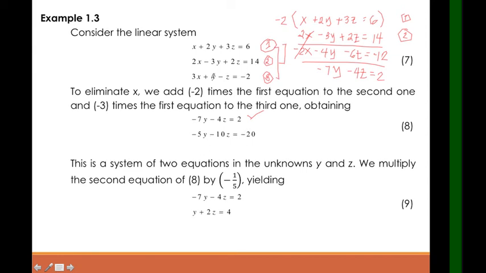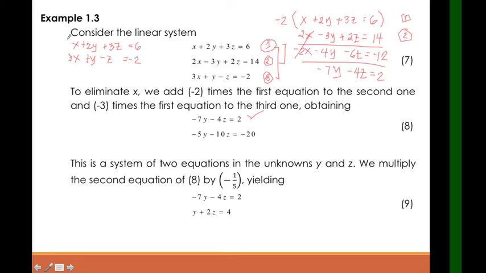Okay, so do you want to try? So, let's see. We have x plus 2y plus 3z equals 6, and 3x plus y minus z equals negative 2. What we are going to do is eliminate the x.